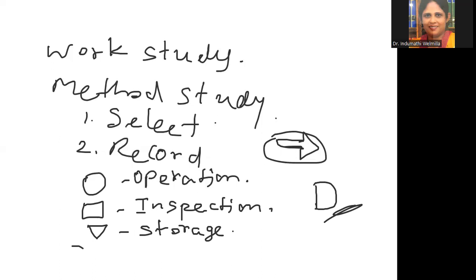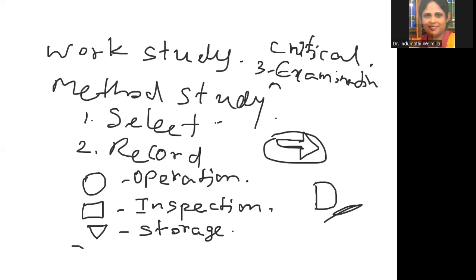And the next step of the method study is examine, right? What does examine mean? Critical examination, the third step. So the record is critically examined and analyzed.